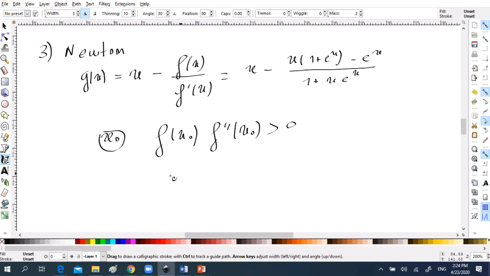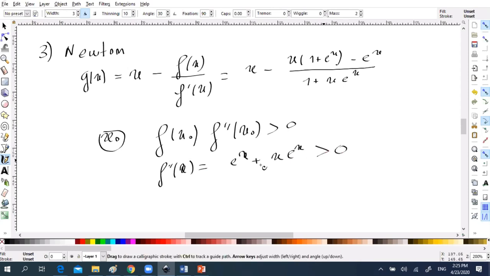The f second of x, as I said here, is e^x plus x e^x. So this is positive.